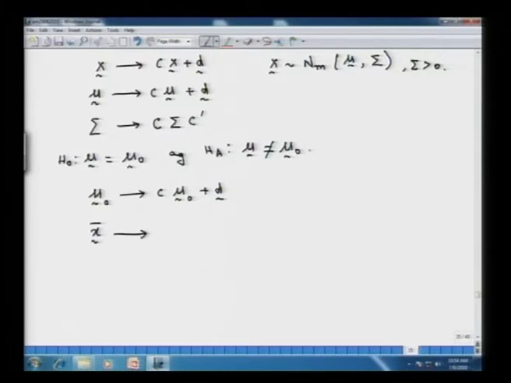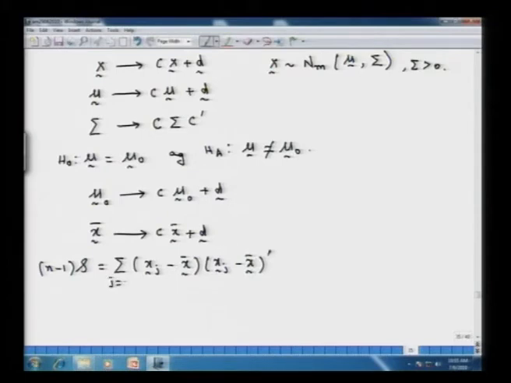So this will be changed to C x bar plus D. And what about n minus 1 S, with a divisor n minus 1, which is given by the summation over j equal to 1 to n of x j vector minus x bar vector times its transpose? Where does this get changed to?